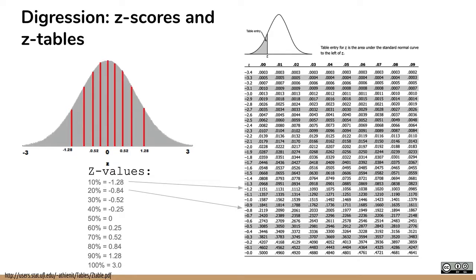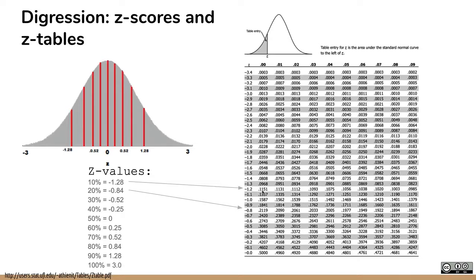So the first thing I want to do is find the z-score whose area under the curve to the left of it is 10%. A z-score of -1.2 gives me an area under the curve of 0.1151. And if I step up to a z-score of -1.3, it's an area under the curve of 0.0968.